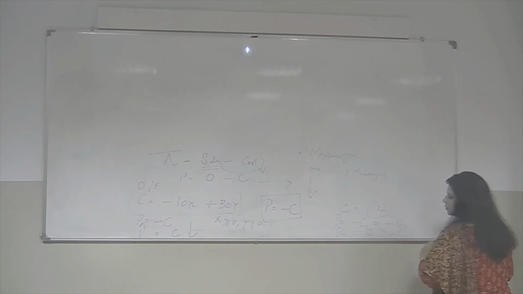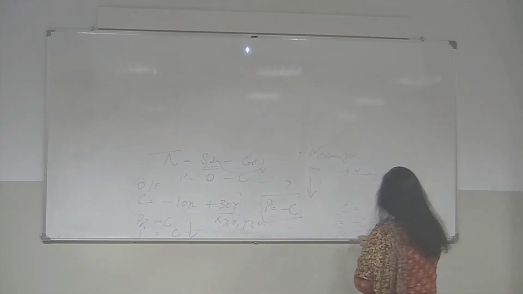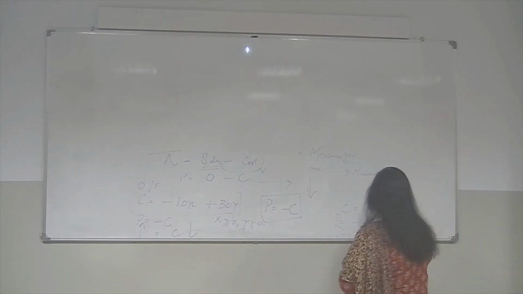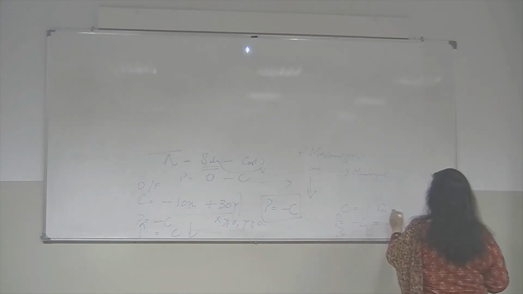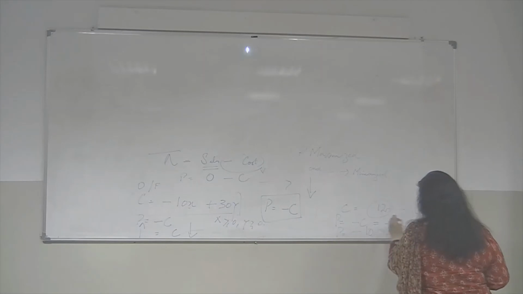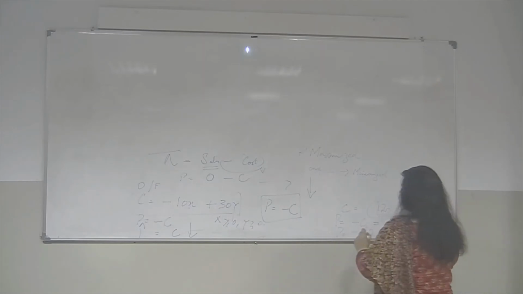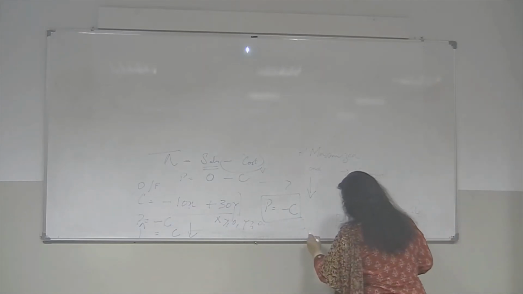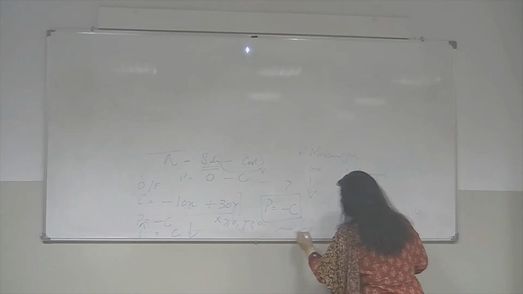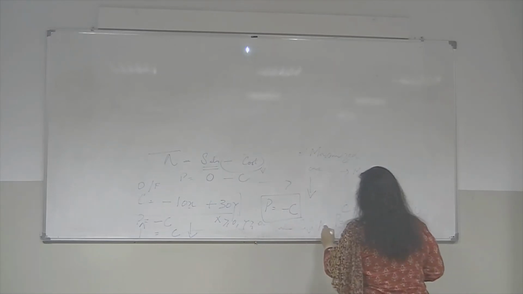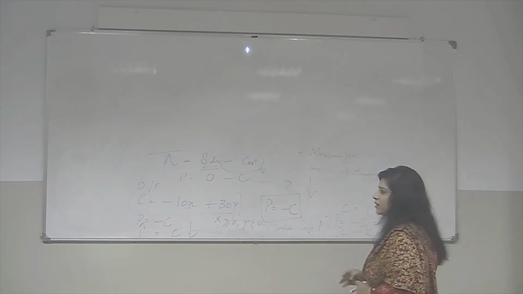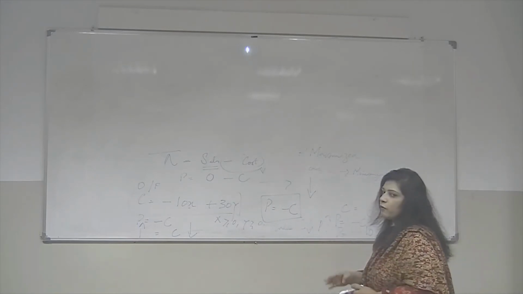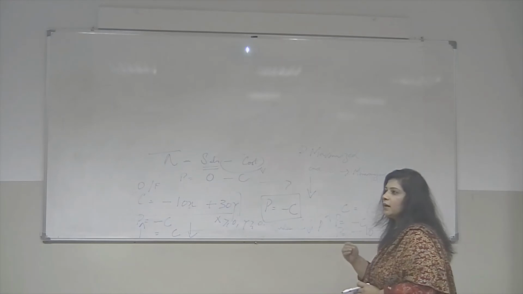If this is raised from minus 12 to minus 10, that means C is reduced from 12 to 10. This means that when C goes down, P goes up. That is the central idea of minimization constraints. And we are going to be following the same pattern that we did in the last question.